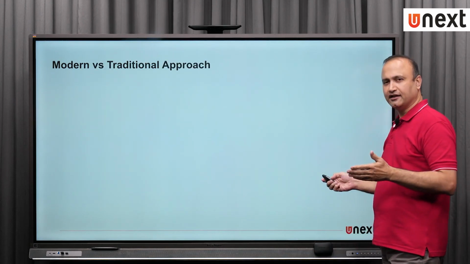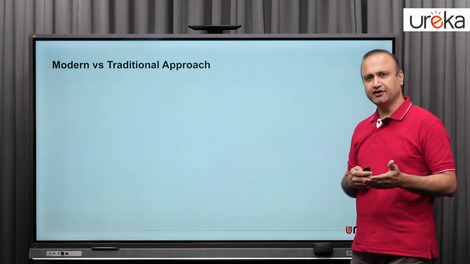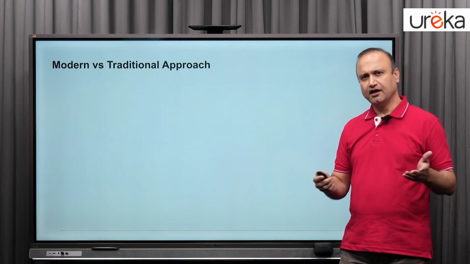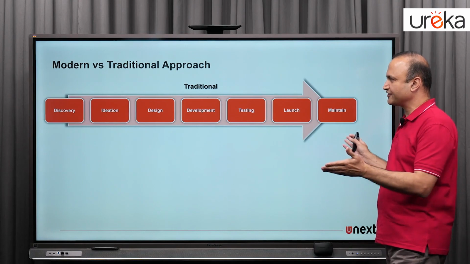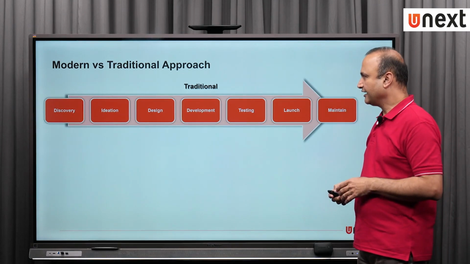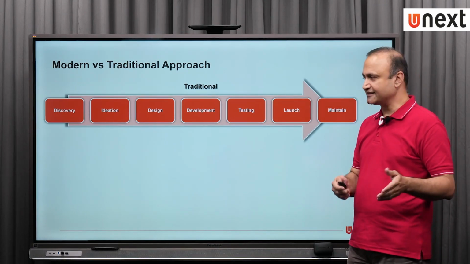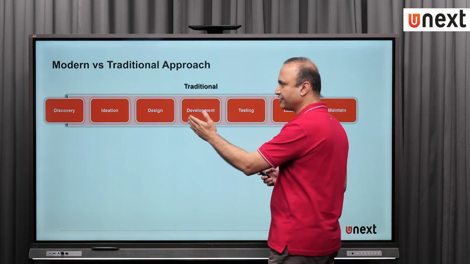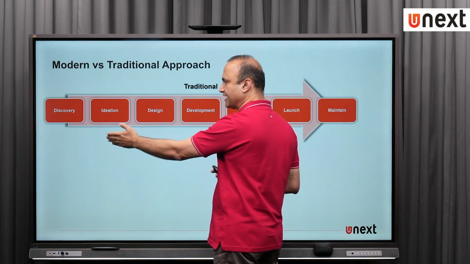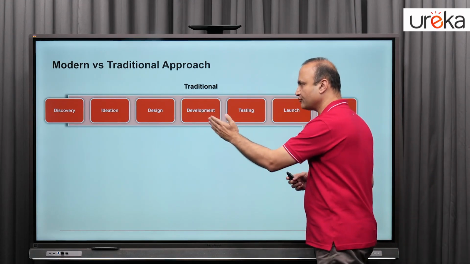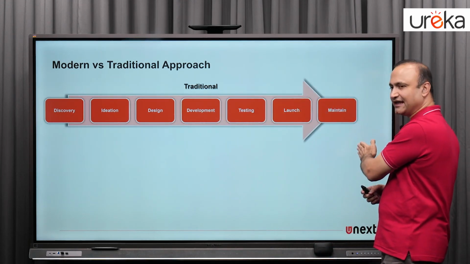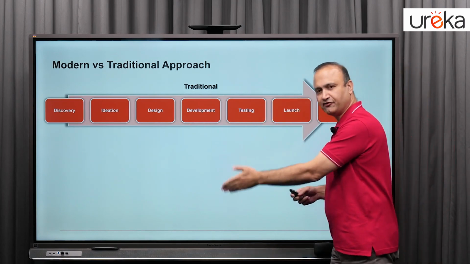Now let's look at how the modern approach differs from the traditional approach. Is it really different? So let's look at this. The traditional approach we saw is the waterfall approach. Now the modern approach innovates in that once we have discovered the actual needs of the end user, the idea is to be able to move from design to maintain to market in an iterative fashion.